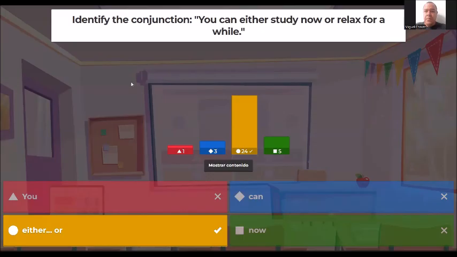Here we have a different conjunction because we have two words for it, either and or, and you identified it correctly. Either... or is the conjunction in this sentence.